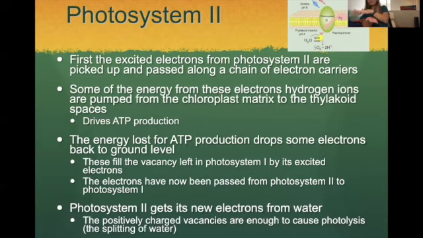And as they're making ATP, they lose energy and they're back down to the ground level at photosystem 1. And light will strike photosystem 1, and these electrons get happy again, and they're up here and they're losing energy to NADP to create NADPH. So at the end of this process, you're left with ATP and NADPH. Both of these are then used in the light independent reaction.